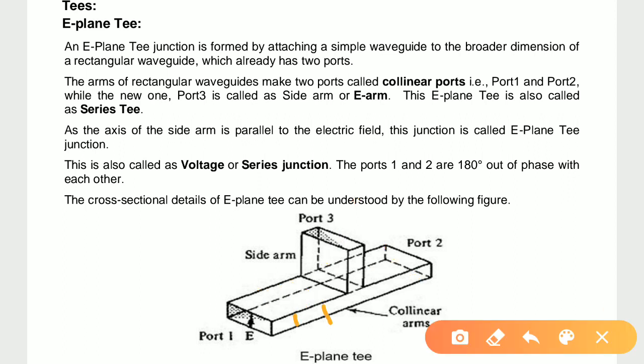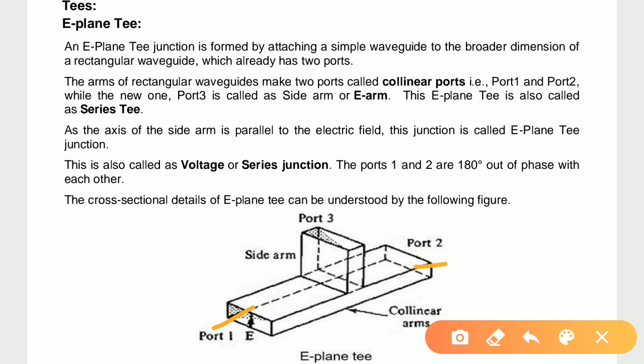Earlier, for the H plane T, we attached the side arm towards the narrower dimension of this waveguide. But in the case of the E plane T, we are attaching this side arm to the broader dimension, the upper dimension of the rectangular waveguide, which already has 2 ports, port number 1 and port number 2.